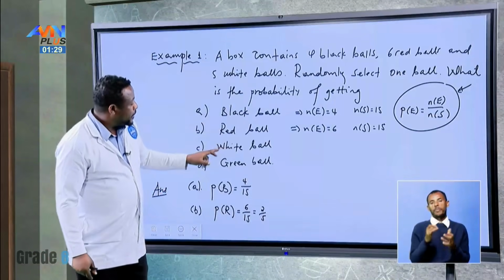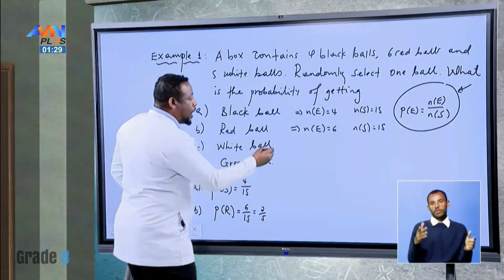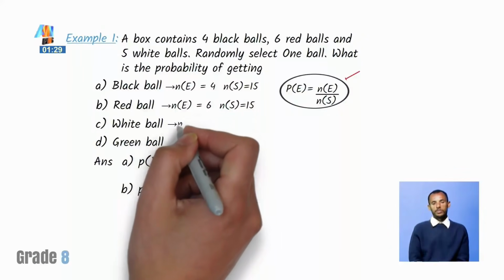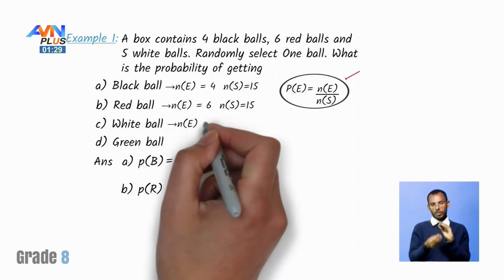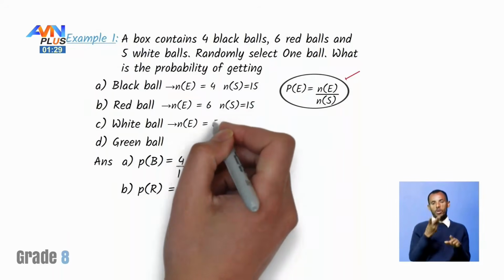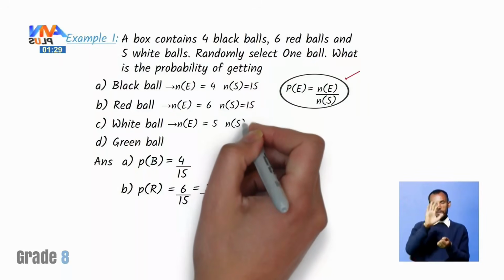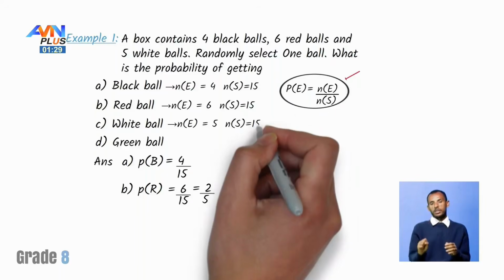The third case, we are also asked to calculate the probability of getting white balls. Okay, so the favorable event here will be the number of white balls. So we do have 5 white balls. So you can substitute 5 here, and N of S is the same for all these cases.